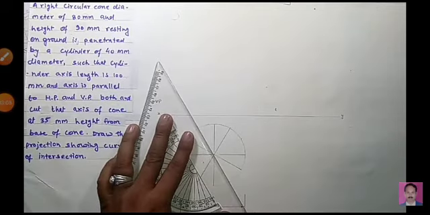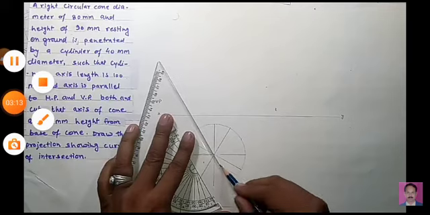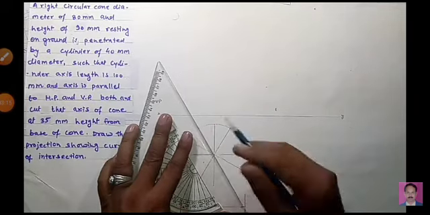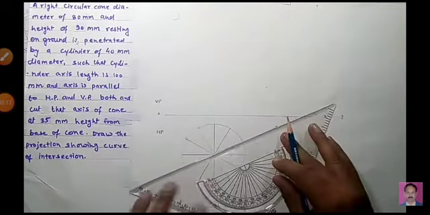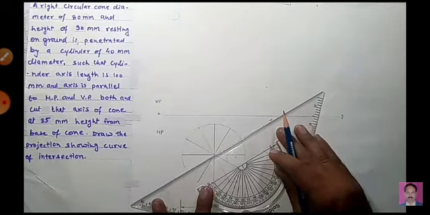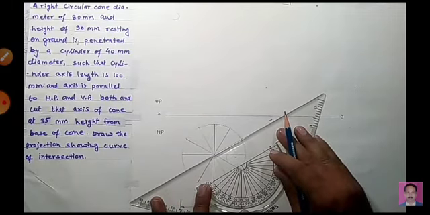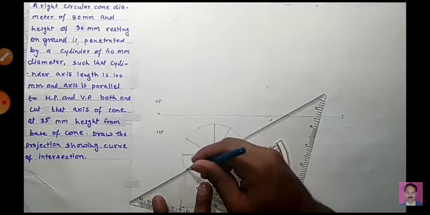Draw these lines. As you can see on the screen, you have to complete the part. 12 parts you have to divide it into. In this way you have divided this circle in 12 parts.